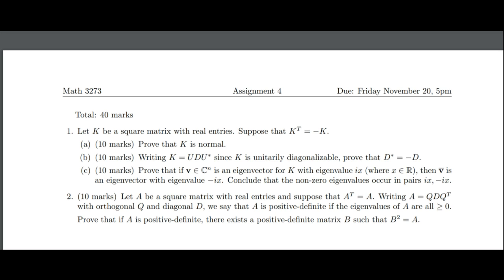Positive semi-definite: an n by n matrix such that A transpose equals A, and all the eigenvalues of A are greater than or equal to 0, that's called a positive semi-definite matrix. The same thing, except all the eigenvalues are strictly greater than 0, that's called positive definite.